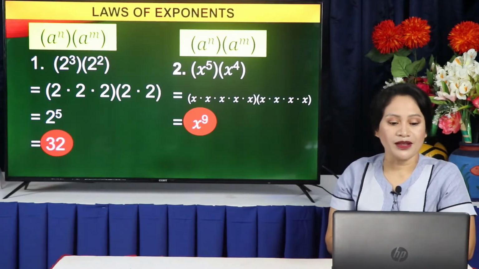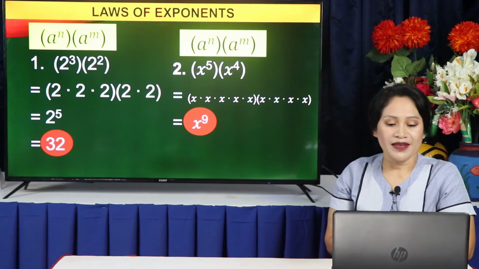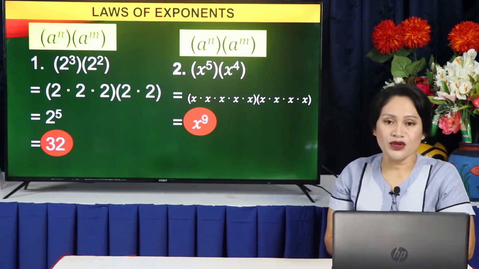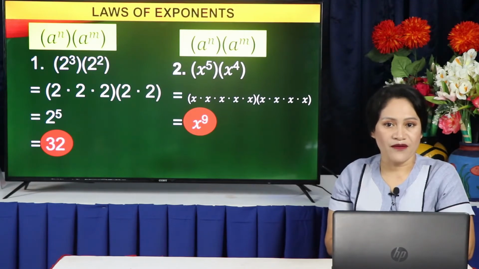Let us have example number 1. 2 to the power of 3 times 2 to the power of 2 equals 2 times 2 times 2 multiplied to 2 times 2 equals 2 to the power of 5. And finally, it's equal to 32.